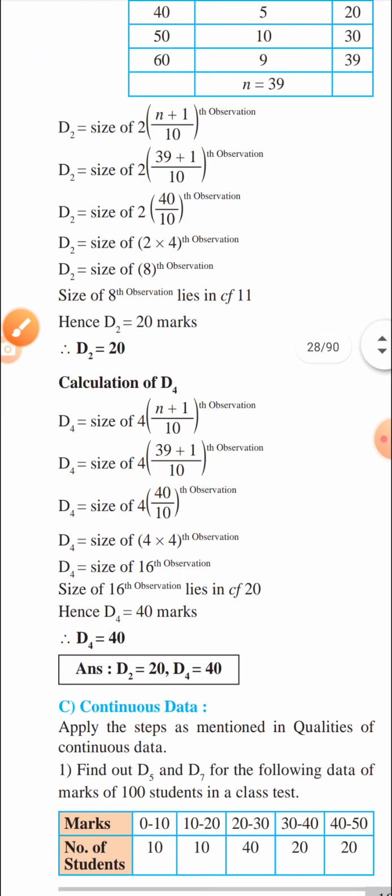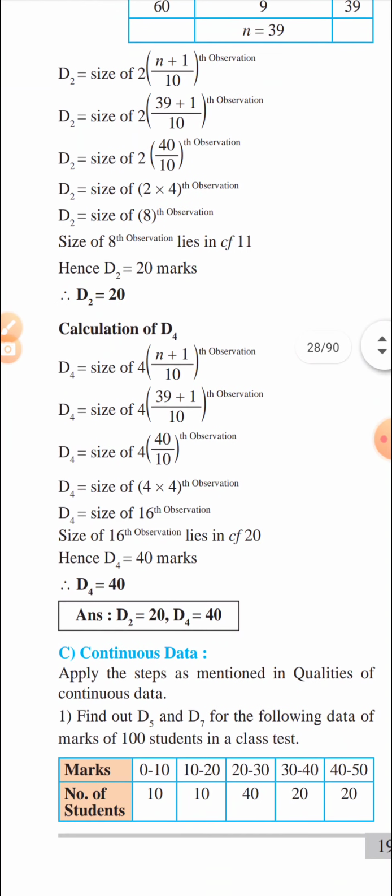Next calculation, calculate D4. First step, arrange the data in ascending order, which we have already done. Second step, find out the value of n, which we have already found.